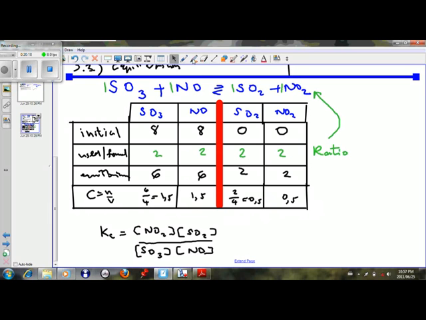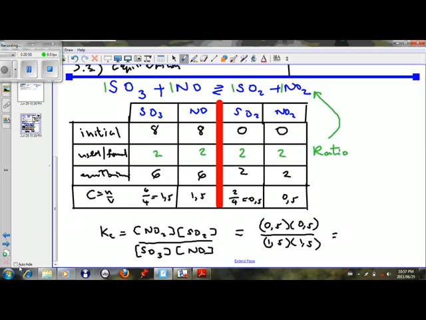And now we can work out our Kc value for this particular sum. We can say concentration of NO2 is 0,5, and this will also be 0,5, and the concentration of SO3 is 1,5, and this will also be 1,5.